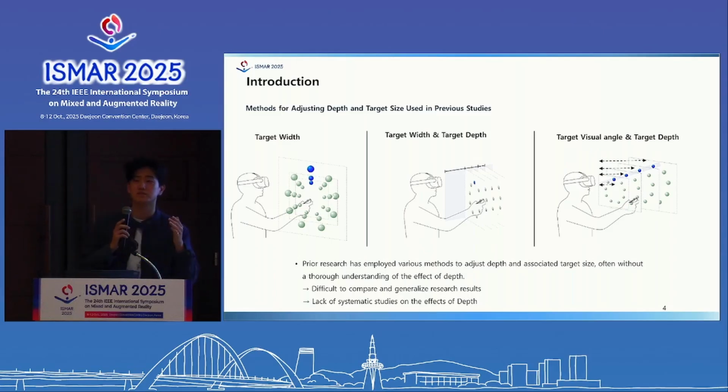However, these different approaches to manipulating depth cause a problem. It makes it harder to compare and generalize previous research results across studies. And we believe one of the main reasons for this issue is the lack of investigation into the role of depth. This motivated us to investigate depth more in a structured way.